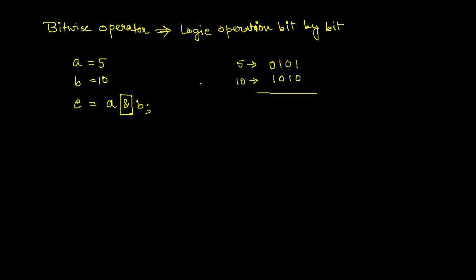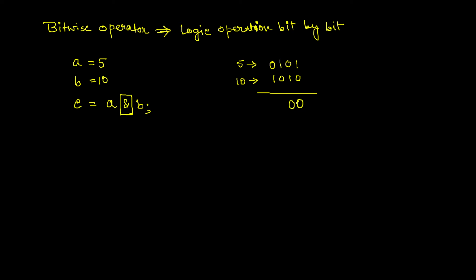In the previous case we did it as a whole, but now we will not do it as a whole, we will do it bit by bit. That means 1 will be ANDed with 0, only these two, and the result of these two will be stored here. Then this one will be ANDed with the second one, and the result will get stored here.